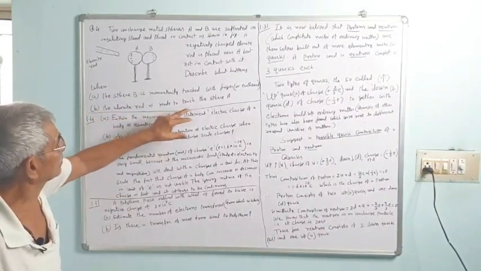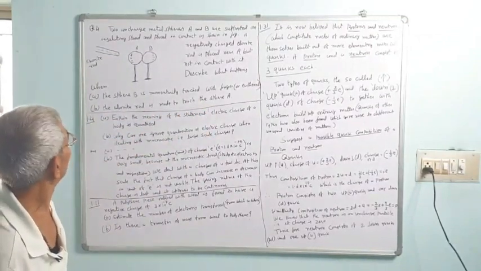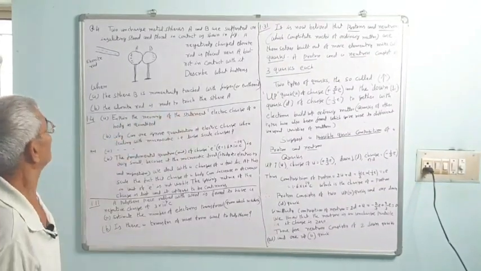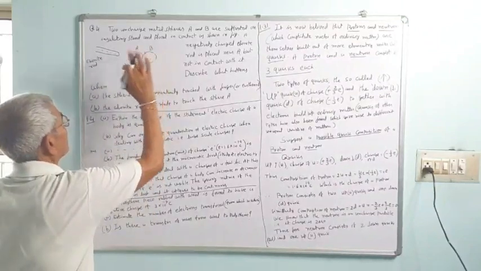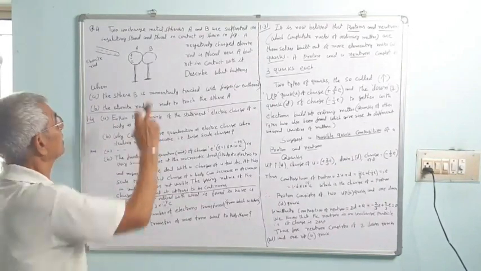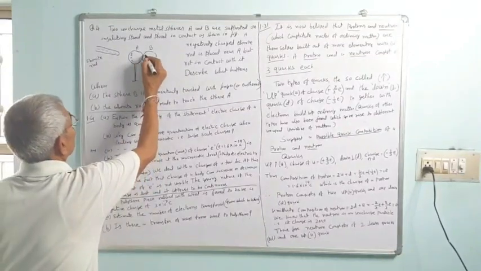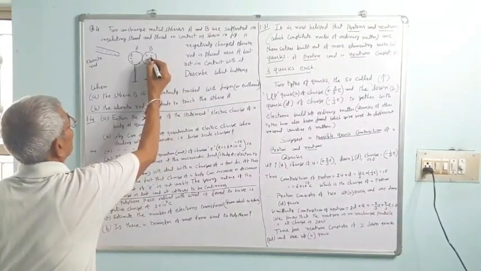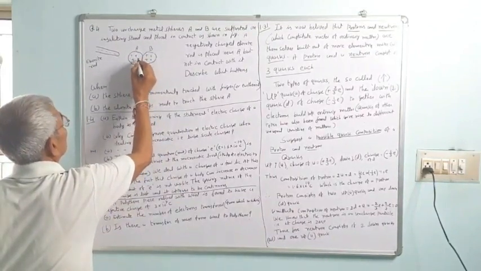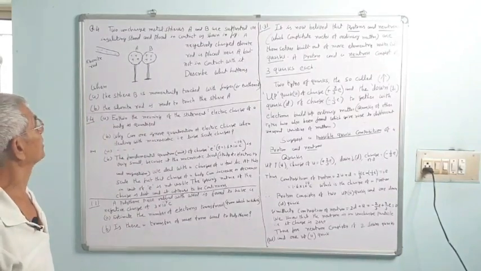Now the ebonite rod is made to touch the sphere A. Now this has become uncharged. Earthing is removed, so the negative charge, this actually being free charge, has flown into the earth. Now the positive charge will be distributed equally on both, and the metal spheres will be charged positively.